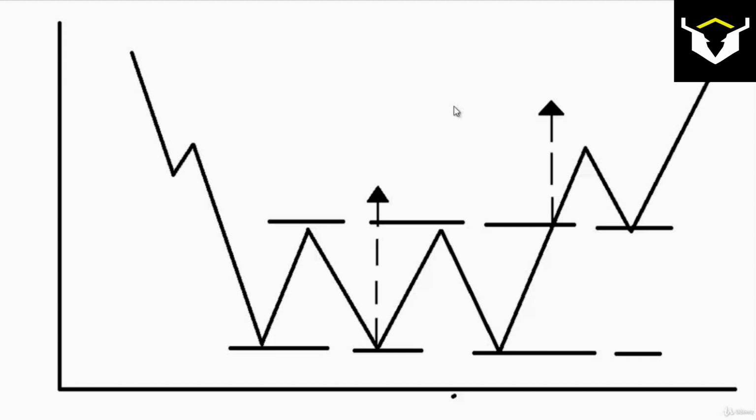All the rules that applied to the formation of an inverse head and shoulder pattern apply to a triple bottom pattern. The overlapping of wave structure suggesting decreased momentum towards the downside, the decrease in volume at every low, the increase in volume when prices start moving up, the breaking of the neckline, and then the retracement back to the neckline at lighter volumes, which finally completes the triple bottom series.